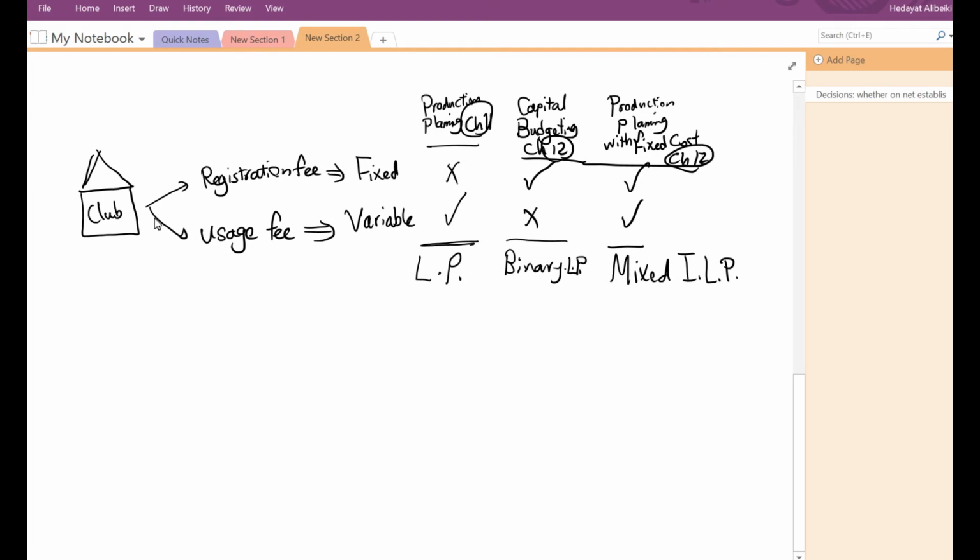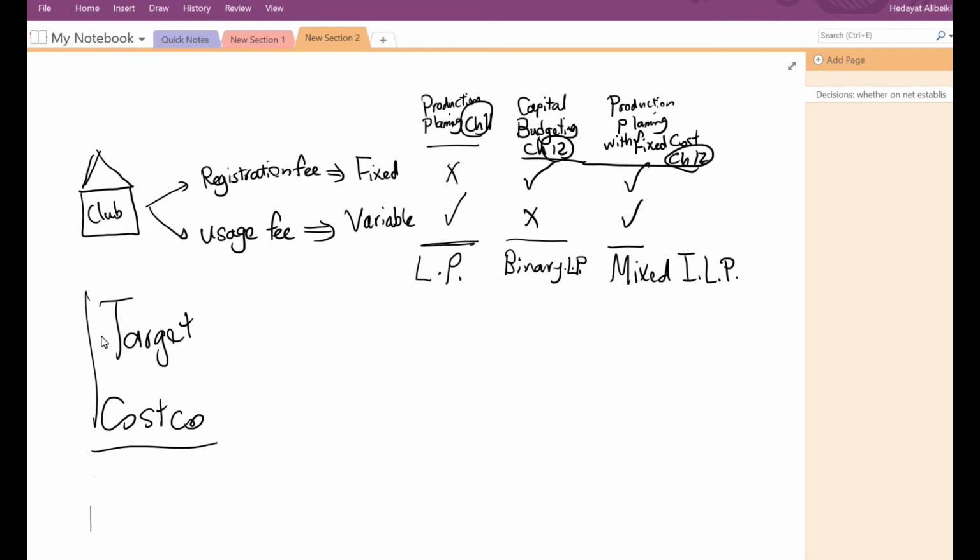Another example of this can be, if you imagine Target versus Costco. At Target or Walmart, for example, you can buy the whole purchase of a year at one shot.